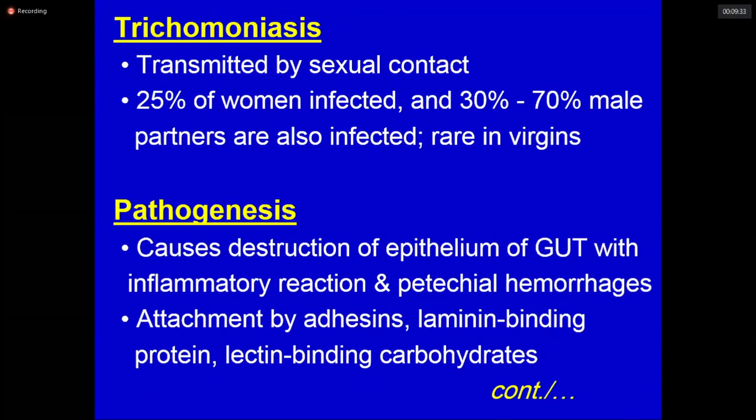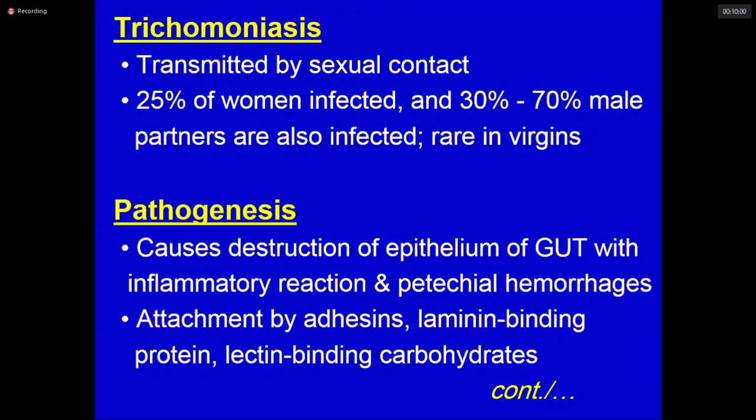The disease caused by Trichomonas vaginalis is called trichomoniasis. It's a sexually transmitted disease, transmitted by sexual contact. Generally speaking, 25% of women are infected with this parasite, and 30 to 70% of their partners are also infected.